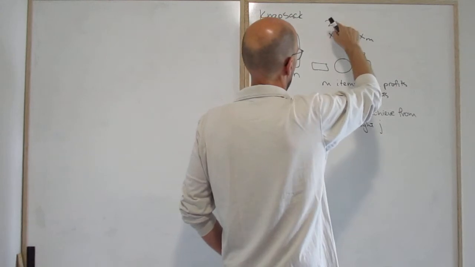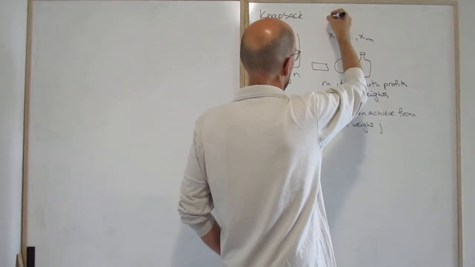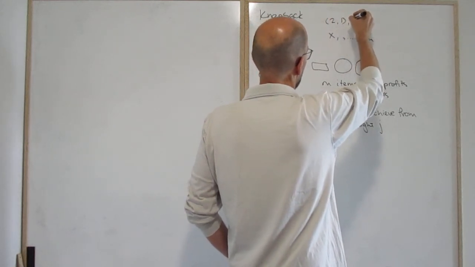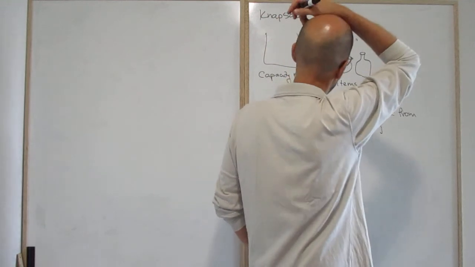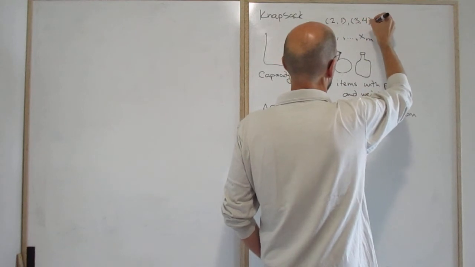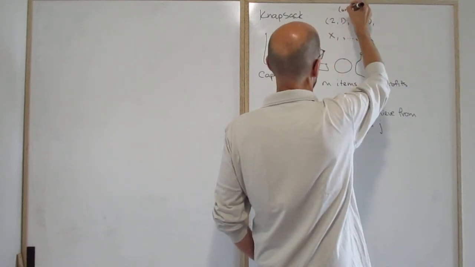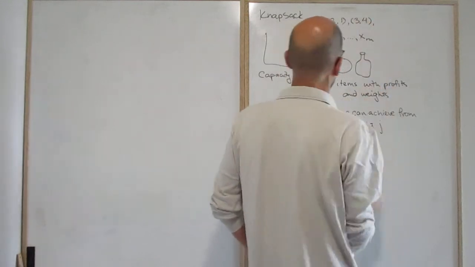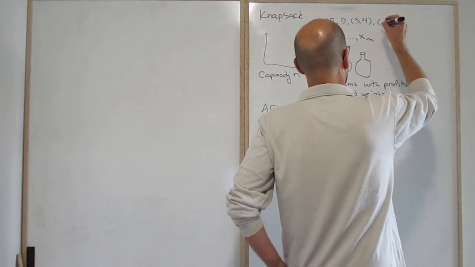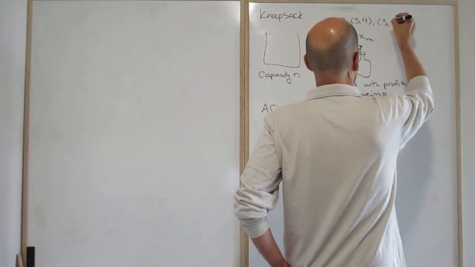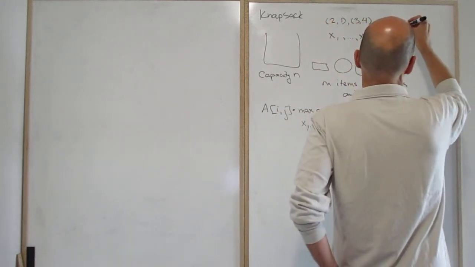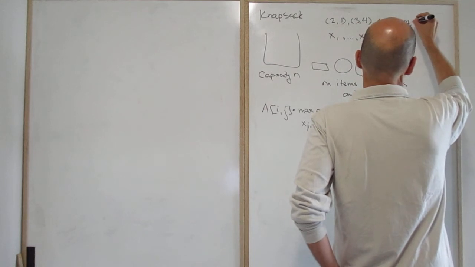Let's just make the profit weight pairs: weight 2 profit 1, weight 3 profit 4, weight 3 profit 3, weight 4 and profit 5.